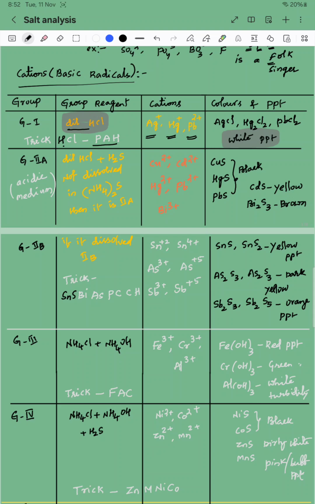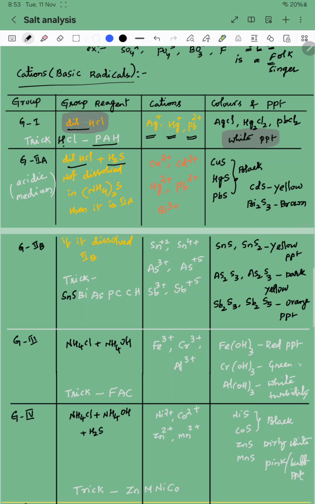Okay. Now again, student, we have group second. These group second basic radicals are classified into two different segments: group 2A and group 2B, right? In this case, the reagent we are using is dilute HCl plus hydrogen sulfide, right?